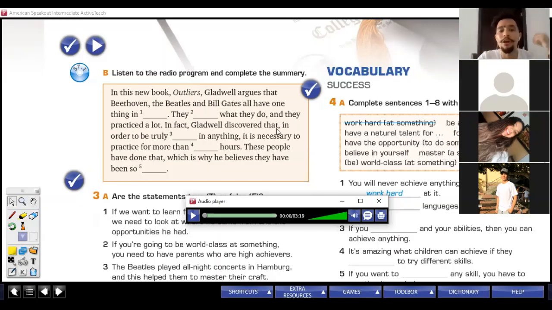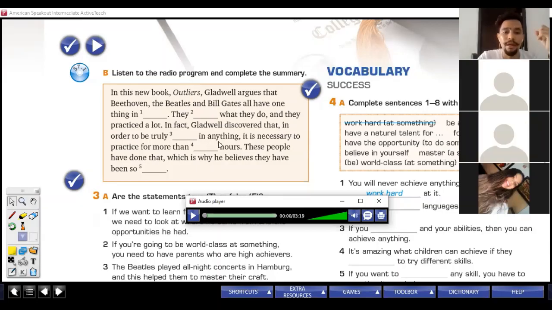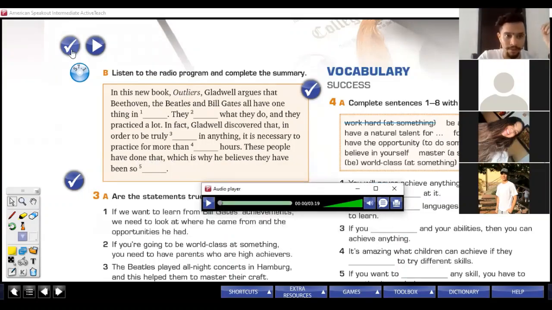In fact, Gladwell discovered that in order to be truly world class, all right, in anything, it is necessary to practice for more than 10,000 hours. All right, 10,000 hours. Yeah, 10,000 hours. These people have done that, which is why he believed that they have been so what? Successful.